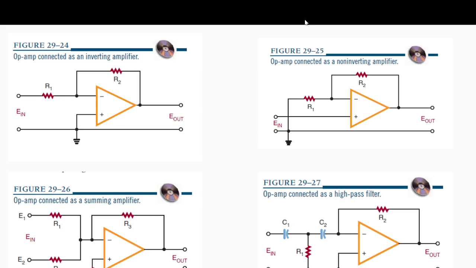Again, from another reference, here are some easy-to-understand basic circuits using op-amps. This one is inverting, because E in, the voltage in, is connected to the inverting input, and this one is non-inverting, because E in is connected to the non-inverting input.